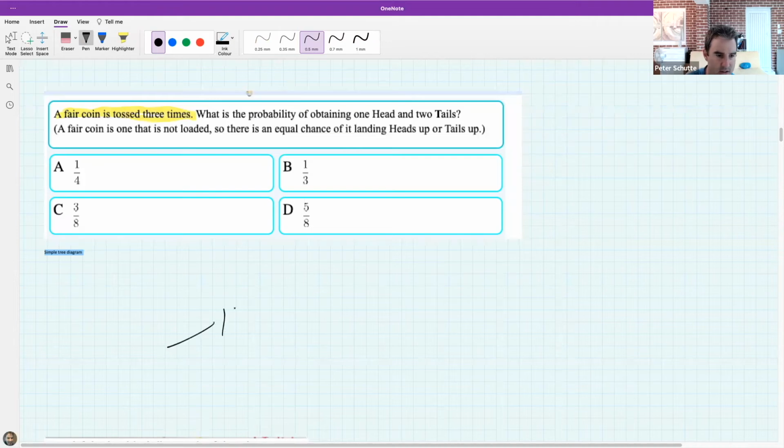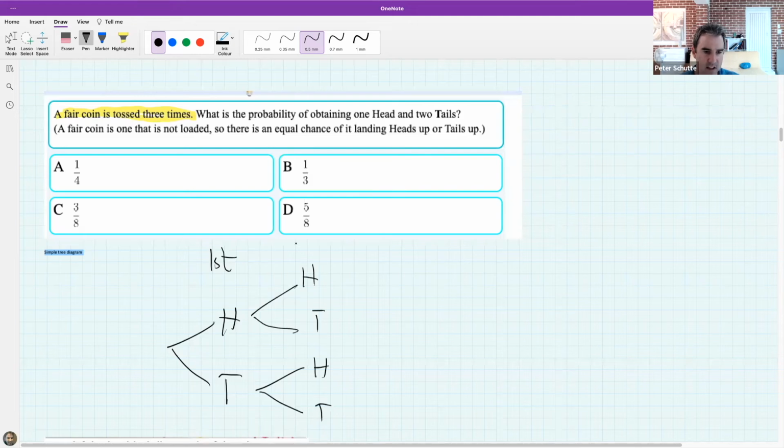There are heads and tails. Now that would be for a first toss. But now what happens is we extend this diagram for a second toss. And this shows us the possibilities if we throw the coin a second time.